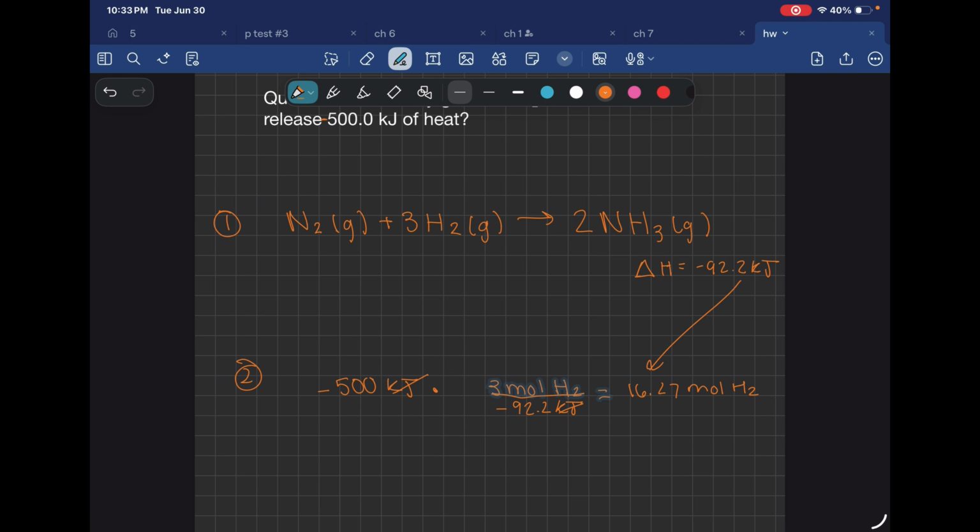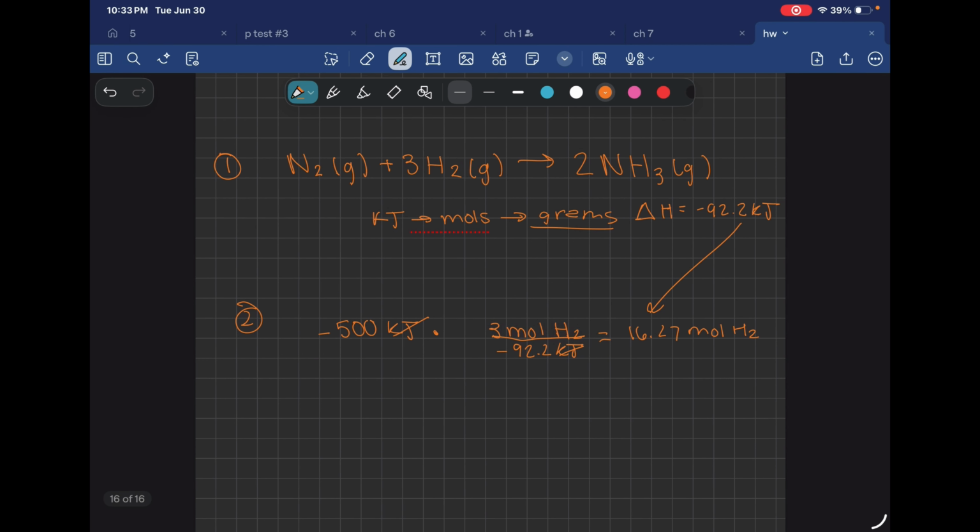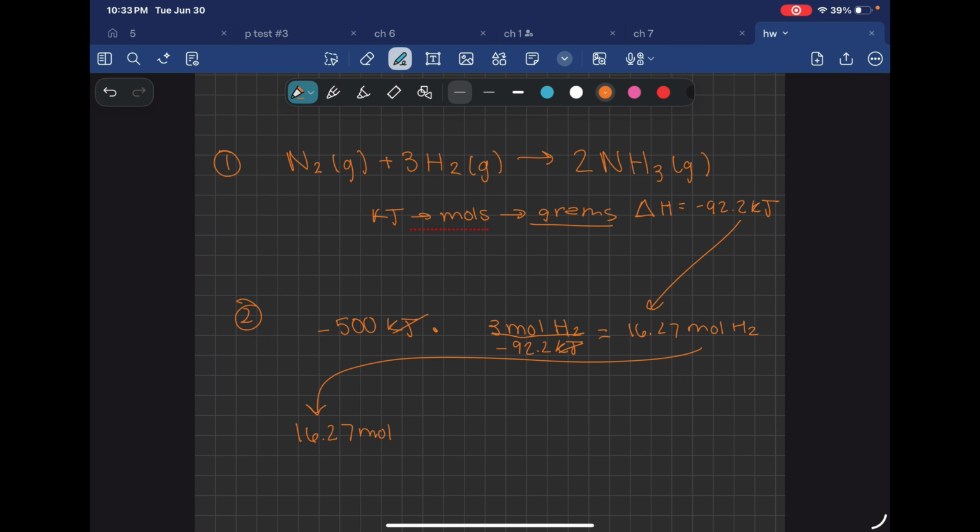Now, like I said earlier, we're going from kJ to moles to grams, and this is what we're looking for, our grams. So we bring down our moles, 16.27 moles of H2. We want to cancel this out, so let's put our 1 mole on the bottom, and on top we will put 2.02 grams.